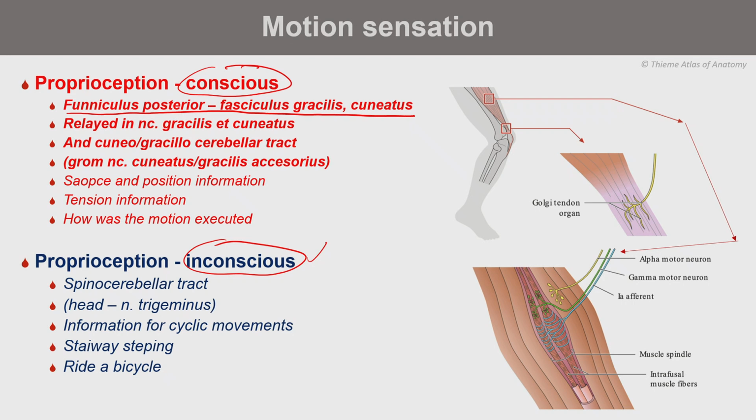They are relayed in nuclei like the touching information, and then they also have some side information going to the cerebellum with the gracilo or cuneocerebellar tract.